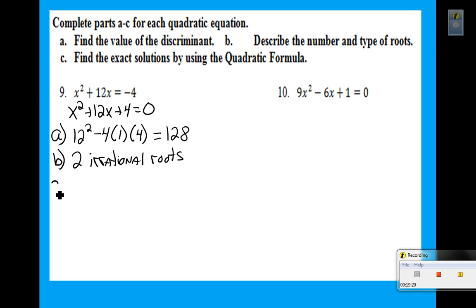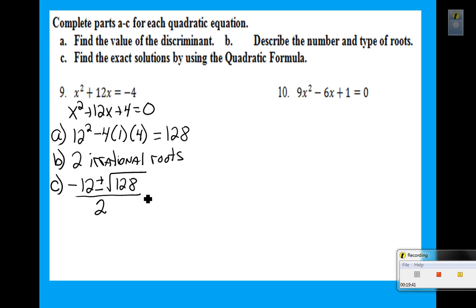And on part C, we're just going to do the quadratic formula, just like we did on the front side. So I'm going to have the opposite of b plus or minus the square root of, well, we've already done the b squared minus 4ac part, and get 128, all over 2 times my a value, which is 2.